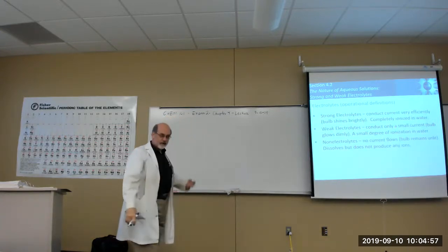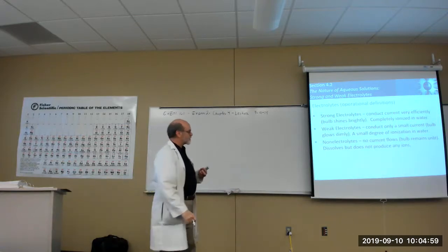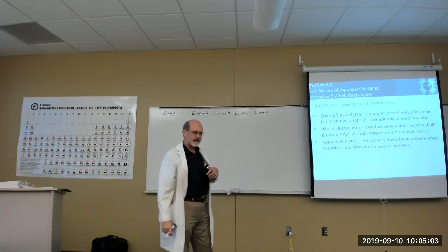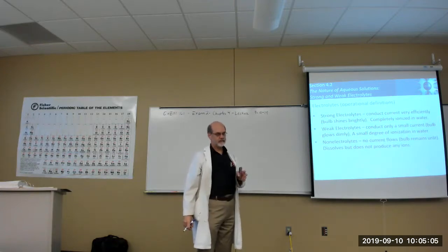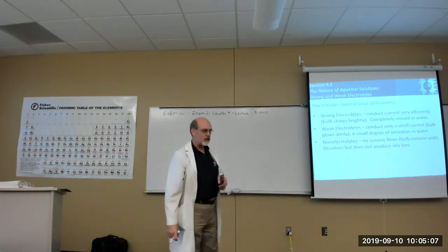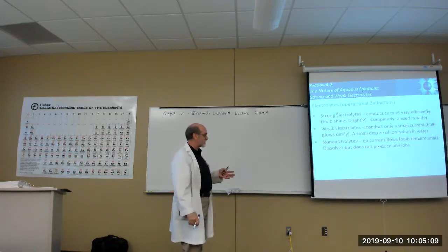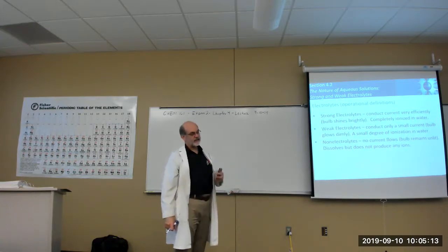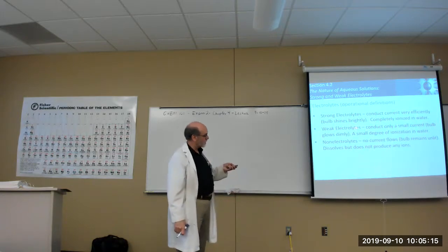Now we'll go one step further. There is a difference between electrolytes that conduct electricity very efficiently when in solution, and those that do not conduct electricity very efficiently. Even though they do ionize, they ionize to a very small degree. Those are weak electrolytes.